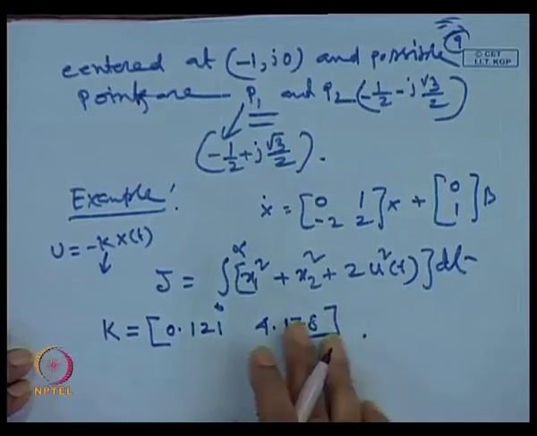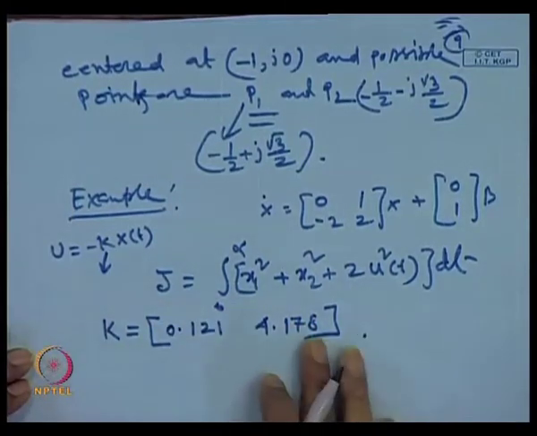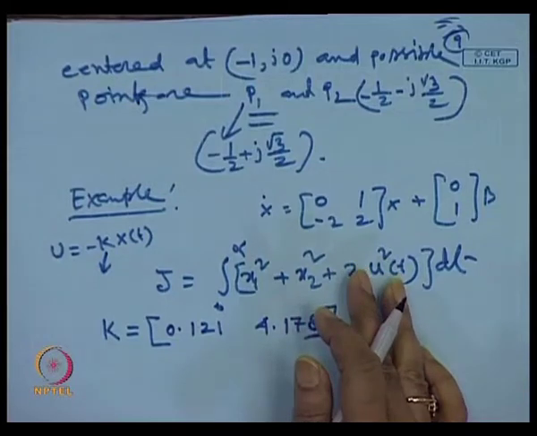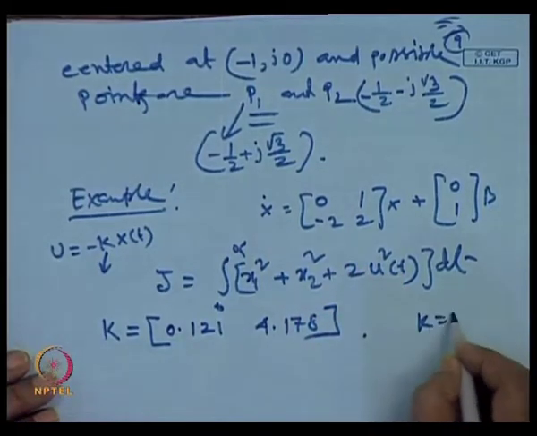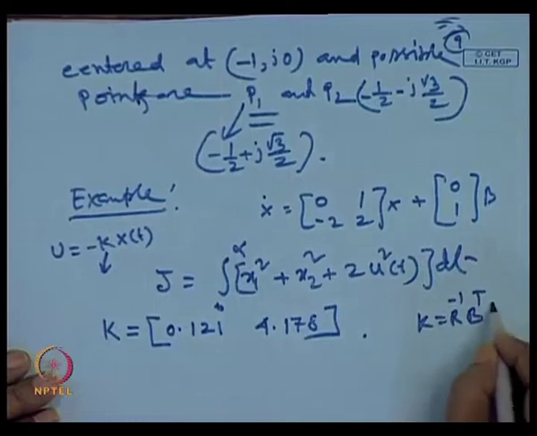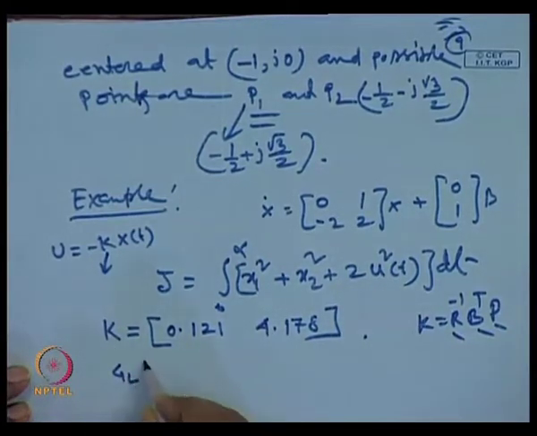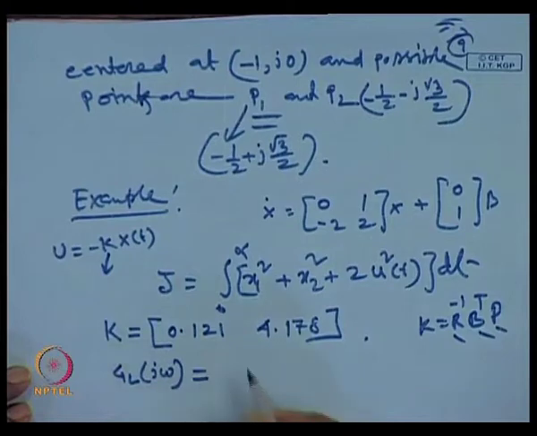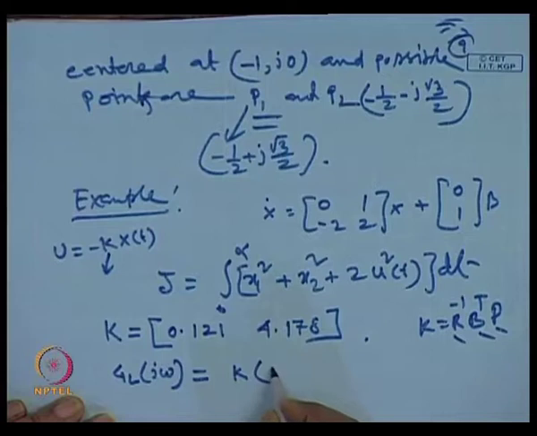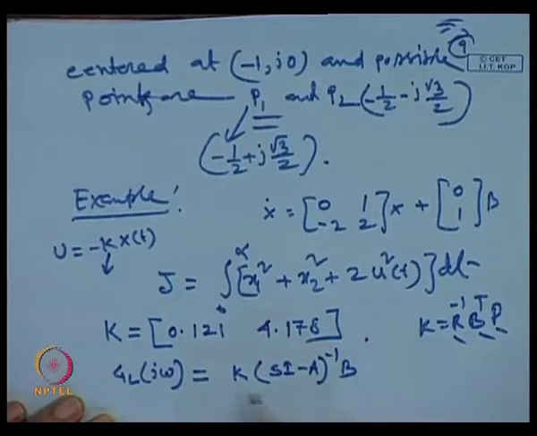And what is our loop transfer function? Once we get the controller gain, how did we get it? We solved the Riccati equation, then we got K is equal to R inverse B transpose P. P you know, B you know, R you know from this expression. So, once I know this, I can find out GL j omega. GL(s) is K (sI minus A) whole inverse B, and put s is equal to j omega.